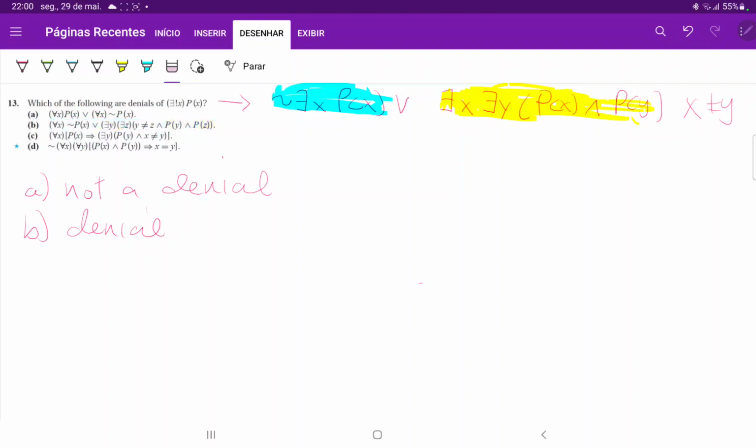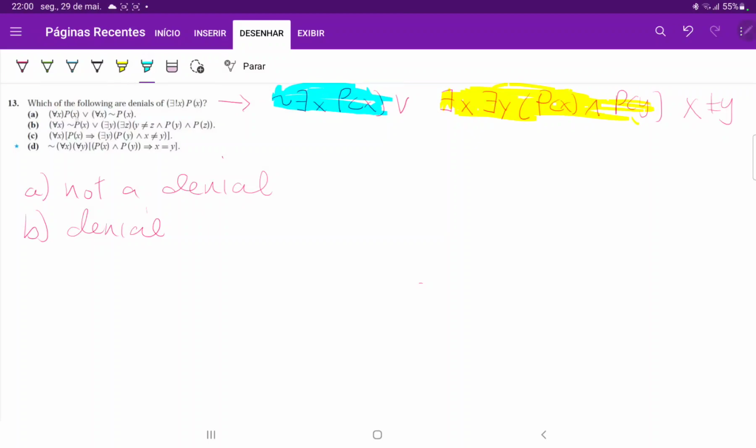So C, we have that for all x, if p of x is true, so we're saying that if an element exists, then there exists a y such that p of y is true and x is not equal to y. Now, this does take care of both problems, right?